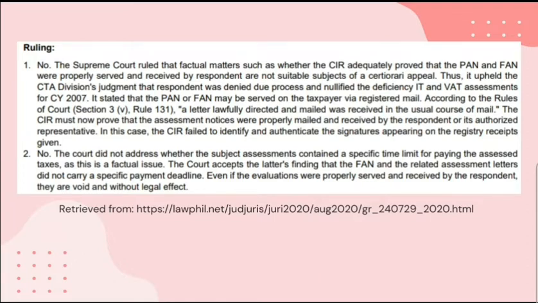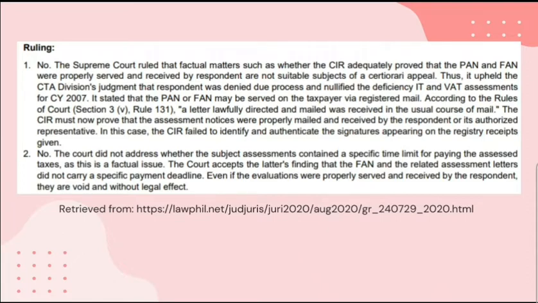When the petition for review by the Commissioner of Internal Revenue was denied, the Court of Tax Appeals Division affirmed that the Commissioner failed to prove that the notices were properly and duly served upon and received by the respondent. Consequently, it declared void the deficiency income tax and value-added tax for calendar year 2007 assessed against respondent for failure to accord respondent due process in their issuance.